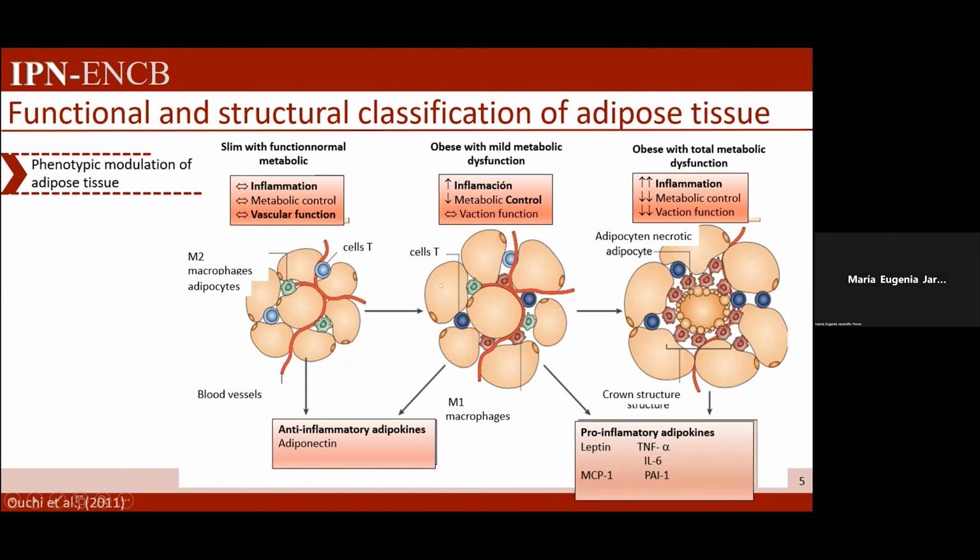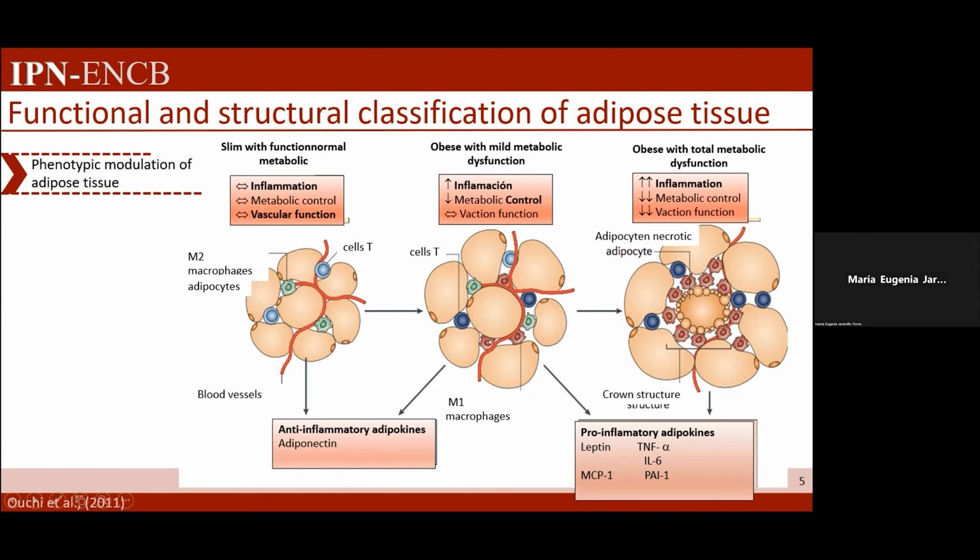You can see the different types of macrophages in the slim adipose tissue. You can see the M2 macrophages. While you change to obese with metabolic dysfunction, mild or total, the phenotype of these macrophages changes to M1.